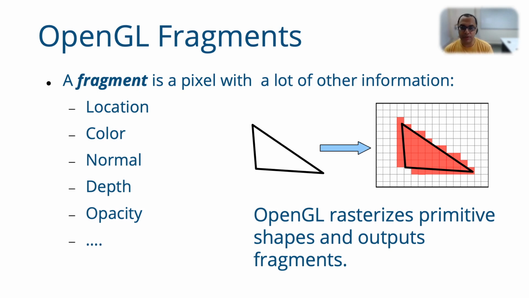It might also contain other information like normals, depths, and opacity and so on. We will see all these as we go through the course; we will not immediately get to them. So to begin with, you can just think that a fragment is OpenGL's name for a pixel, and the pixel contains a location and color information.